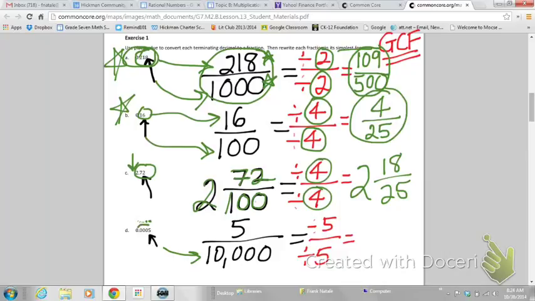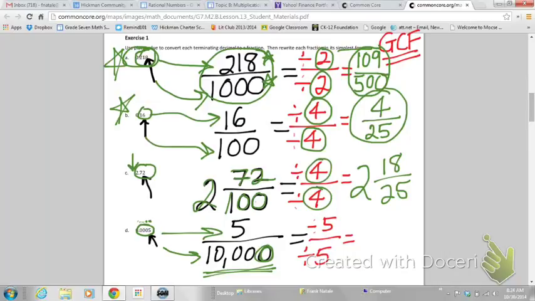What number do I see on that right side of the decimal point? I see a 5. That is reflected here. So 5/10,000ths is, and I'm going to go ahead and divide 5 by 5. I know 10,000 is a multiple of 5, because any number that ends in a 0 is going to be a multiple of 5.